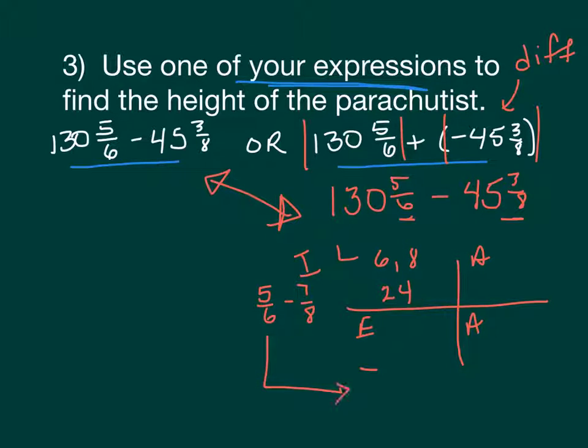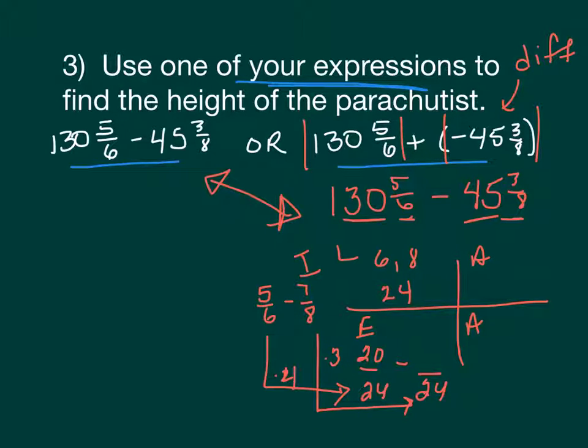And this is where we're going to make that decision as to whether or not we can subtract at this point, or if we're going to actually have to use those whole numbers from the original problem. So how do I get from 6 to 24? Well, that, of course, is times 4. And whatever I do at the bottom, I do at the top. So 5 times 4 is 20. And getting from 8 to 24, I know that's times 3.